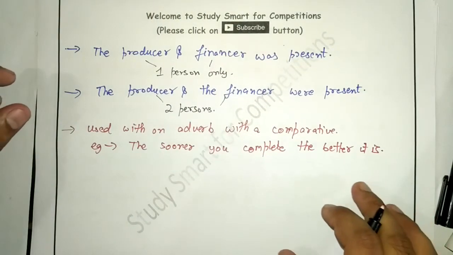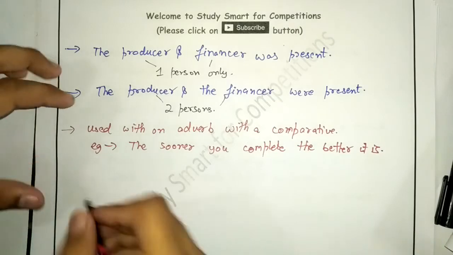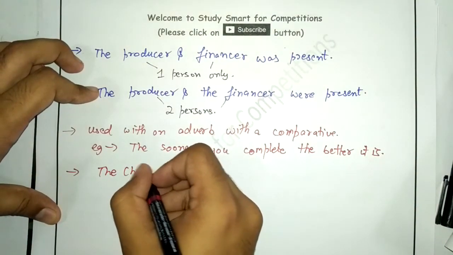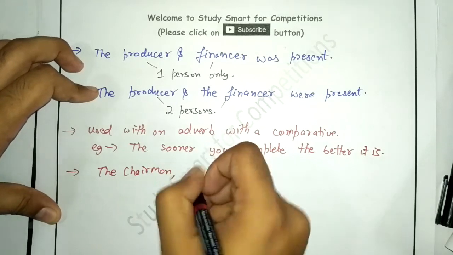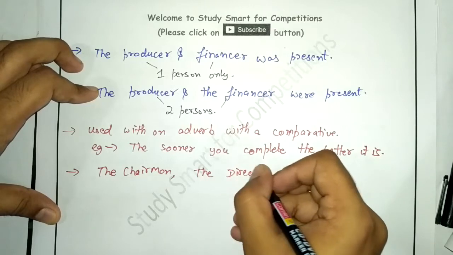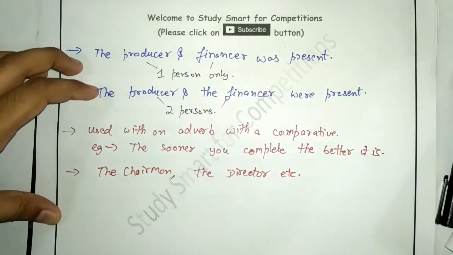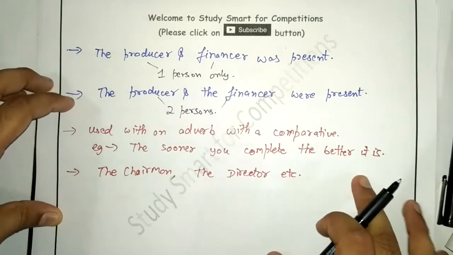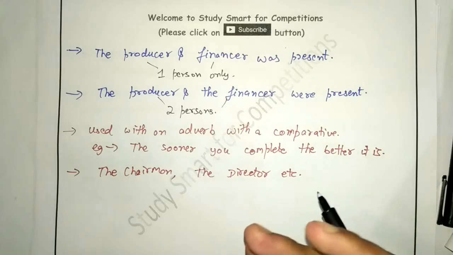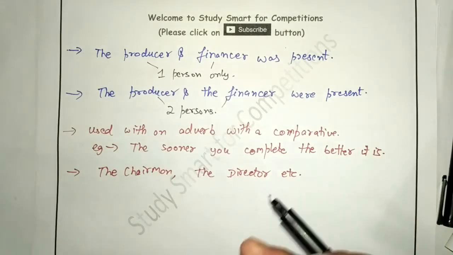Moving ahead, when a person is referred to by his designation, like the chairman, the director, etc. Then, when the thing to be referred to is understood, like, can you please turn on the TV? Can you please turn off the light?